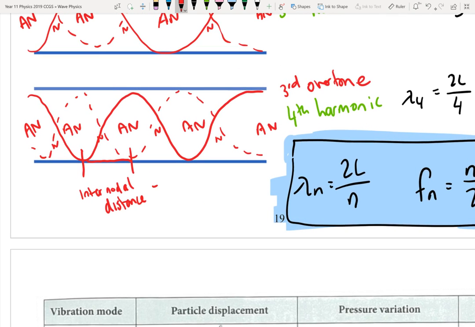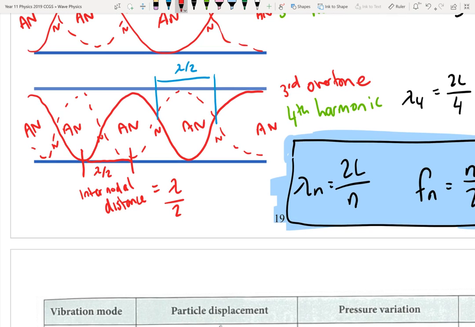Okay? And that will always be half of a wavelength. In fact, I could go from node to node. Same deal. It will always be half of a wavelength.